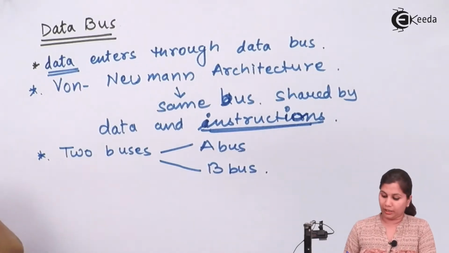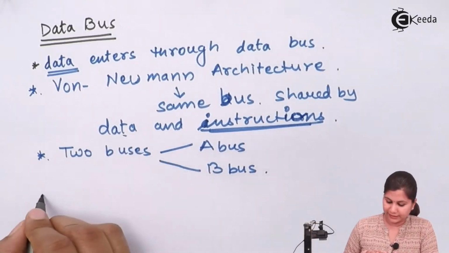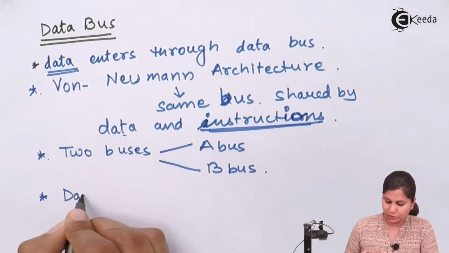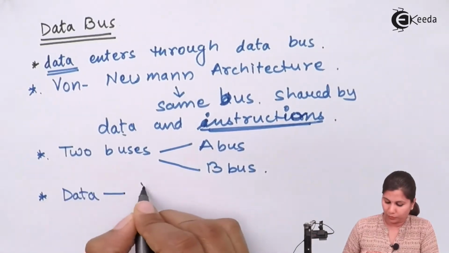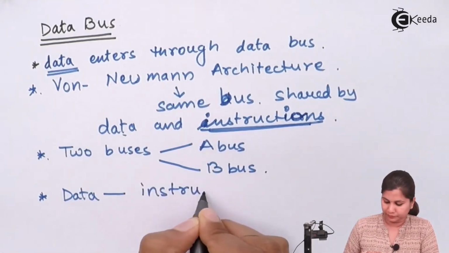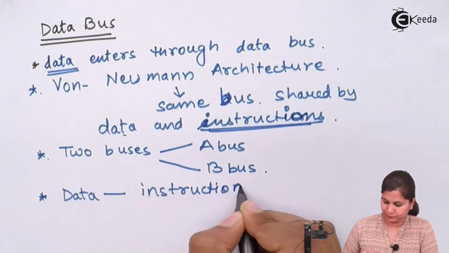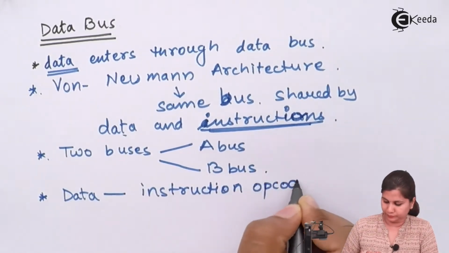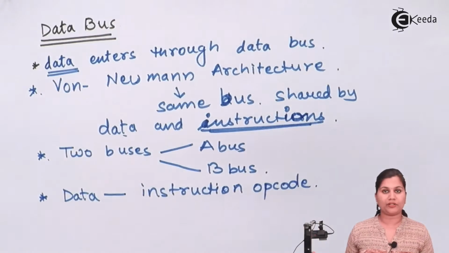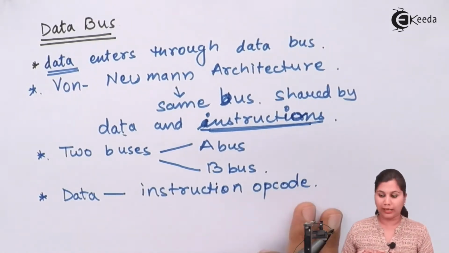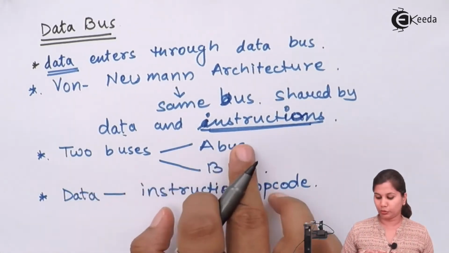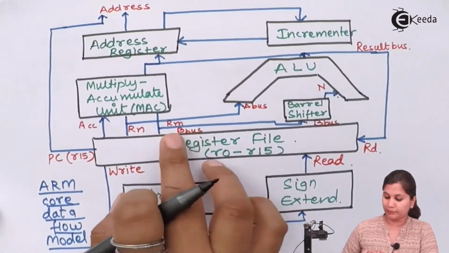Okay, now the data which these buses carry can be an instruction opcode. The opcode is what type of operation the instruction is going to perform. Okay, so data can be the opcode, and this data can be carried by the two buses, A bus and B bus.